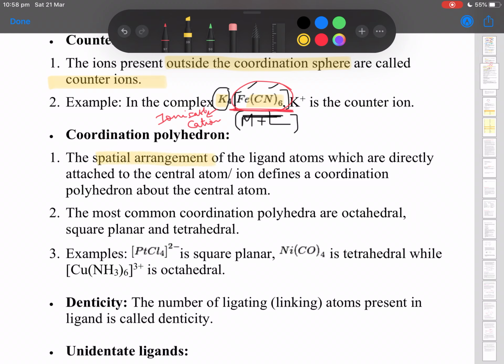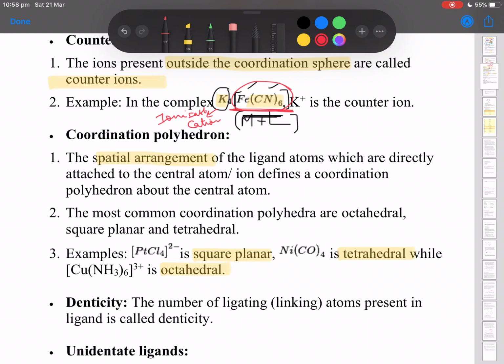When we talk about isomerism, then we are going to take this point. But remember, polyhedron means the spatial arrangement of ligands around the metal atom. And in this portion, you have only 3 spatial arrangements: square planar, tetrahedral and octahedral.